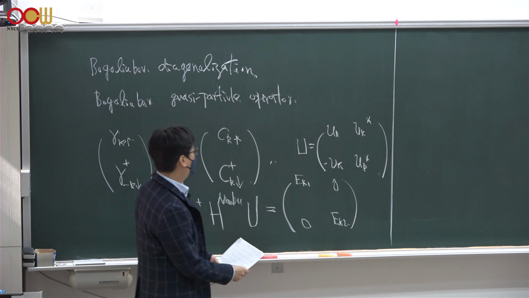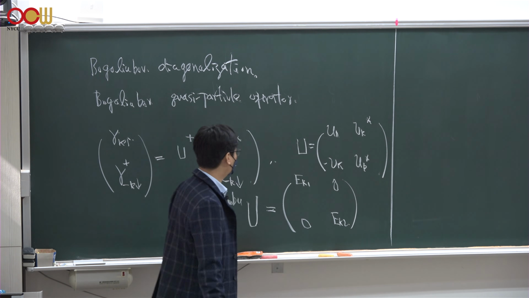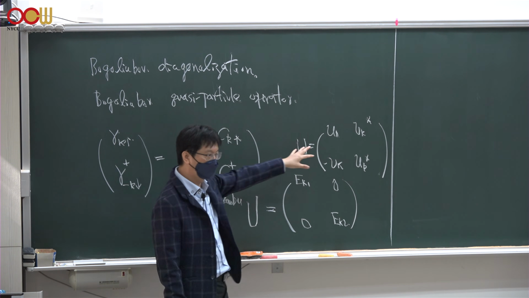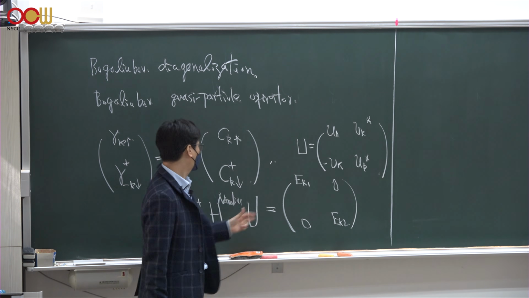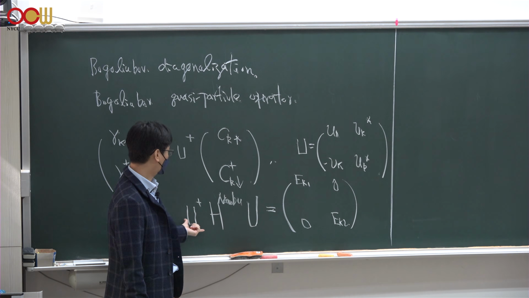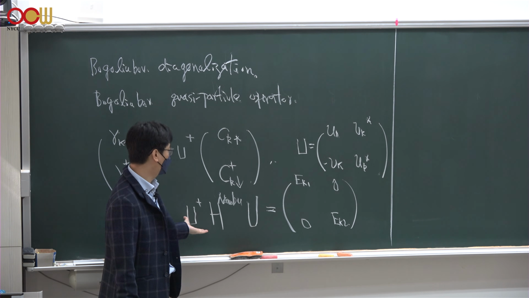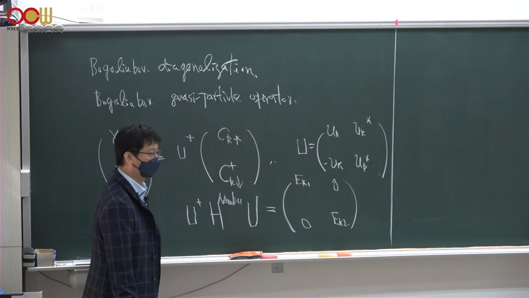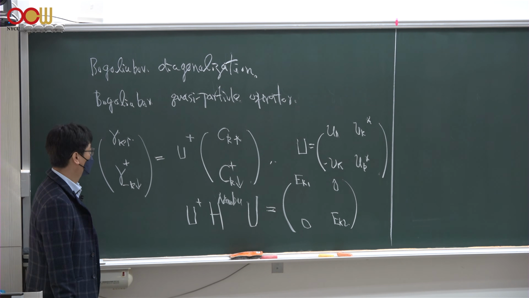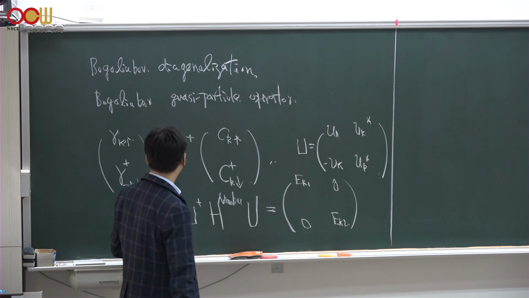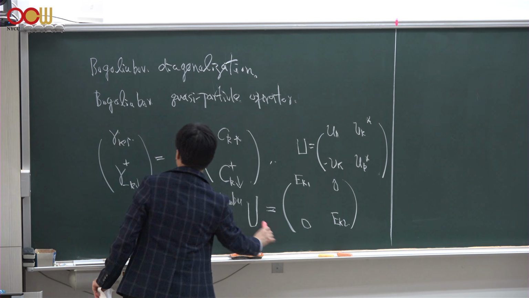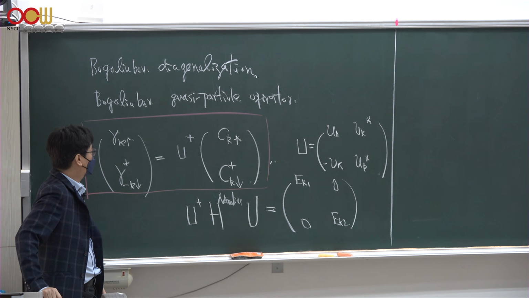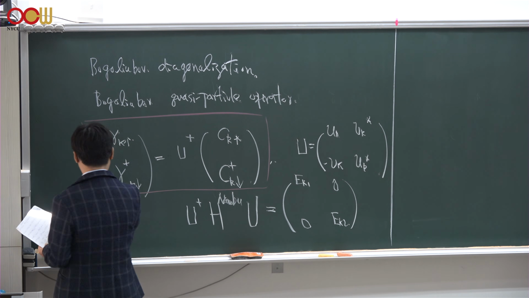Suppose I have these coefficients u_k, v_k, and so on. I will find these u and v later, but suppose they exist. Following the standard unitary transformation of the matrix, at the end of the day I get the two eigenvalues along the diagonal of the 2 by 2 matrix and 0 along the off-diagonal. This transformation that takes you to the diagonalized Hamiltonian is called the Bogoliubov diagonalization or Bogoliubov transformation.